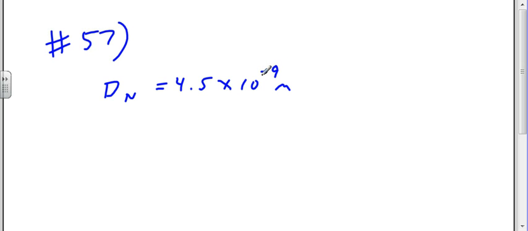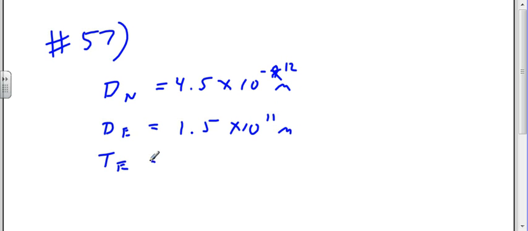Estimate the length of the Neptunian year using the fact that the distance of the Earth is 1.5 times 10 to the 11th meters, and the time for the Earth is 365.25 days. Okay, so I've gleaned everything I need there.